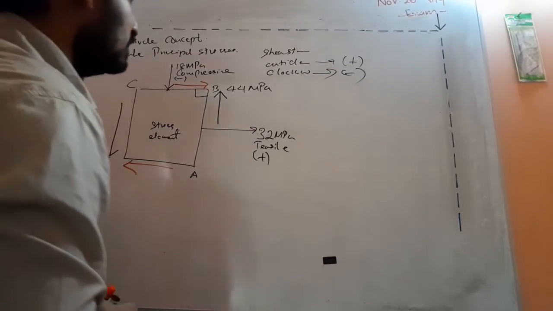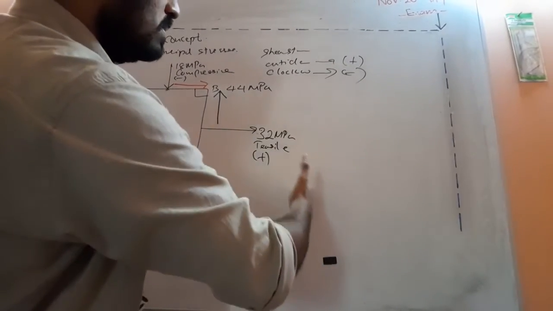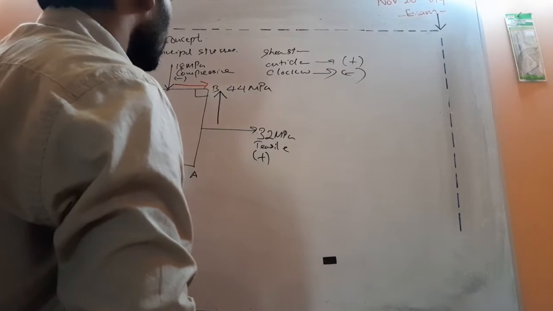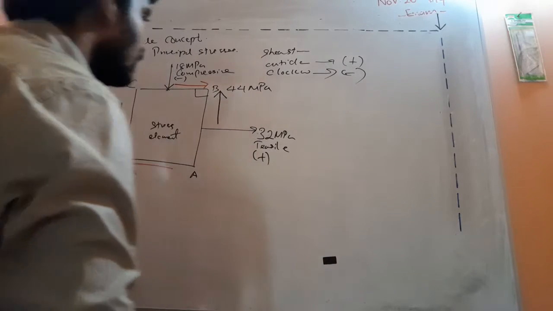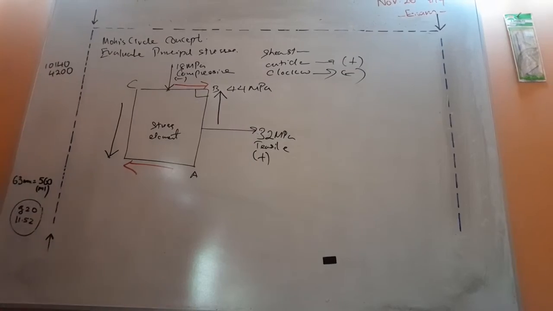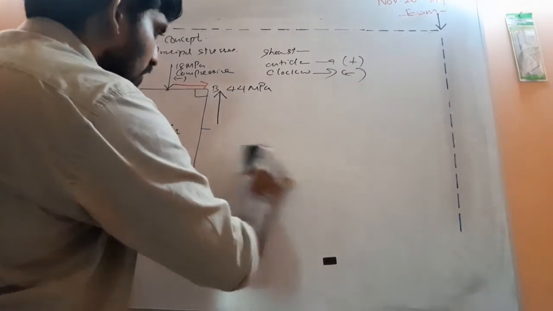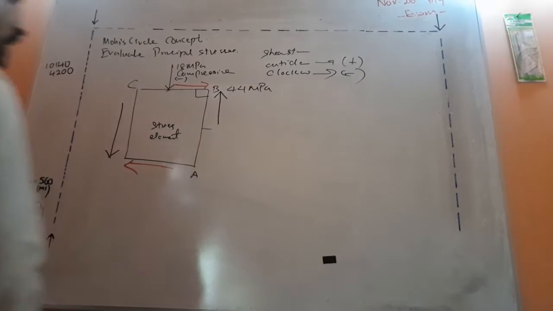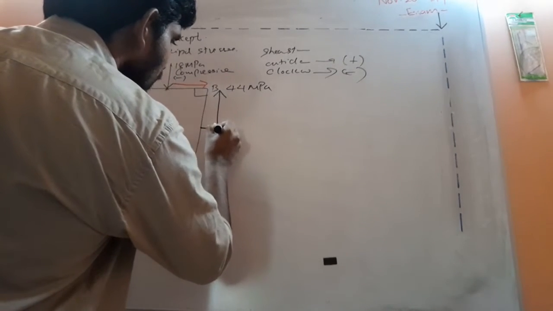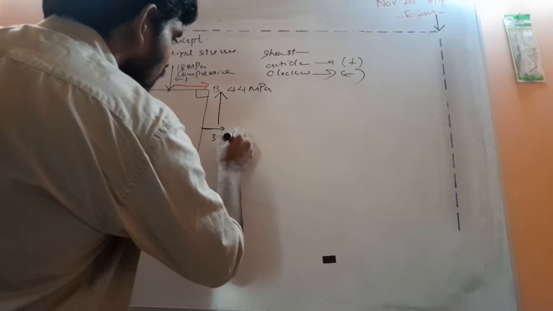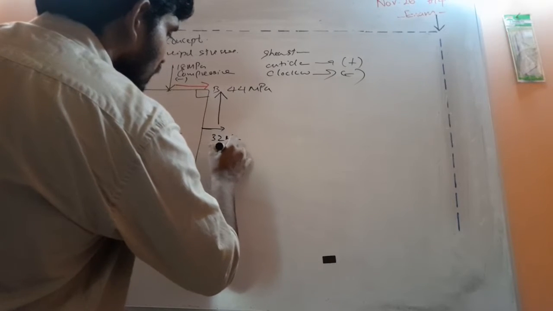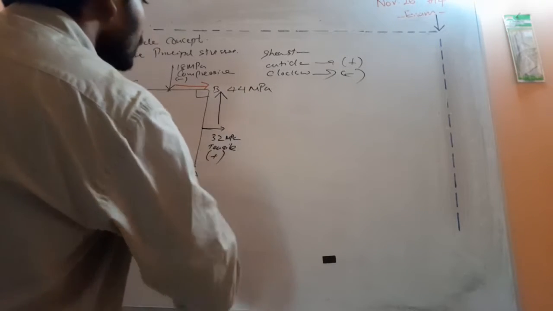Will this space be enough? Okay, let's do something like this, because I need to save space. I will redraw that again. 32 megapascal tensile, positive.